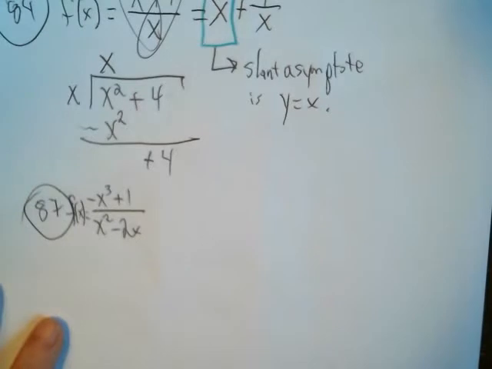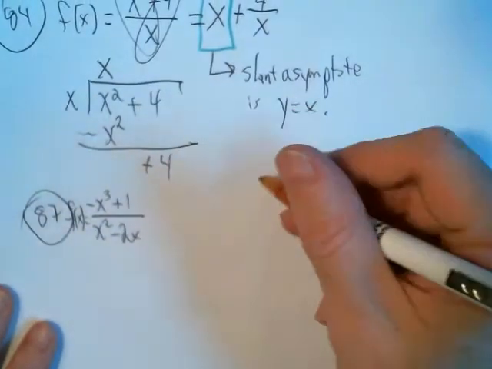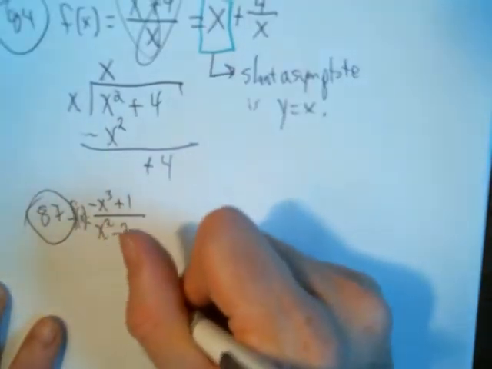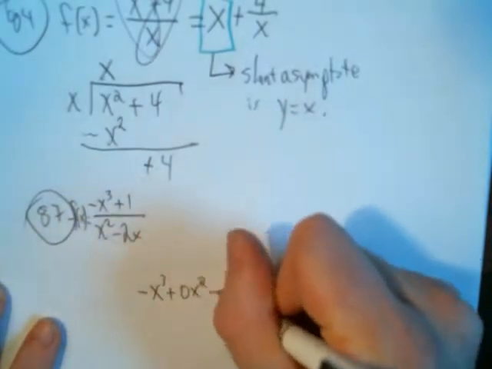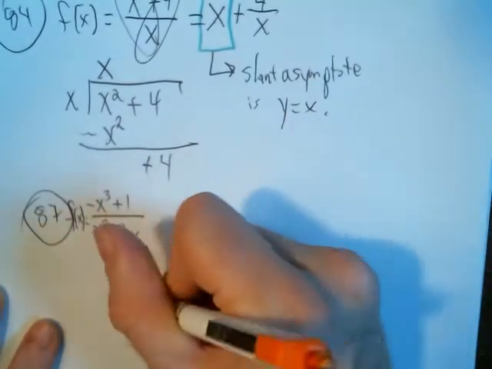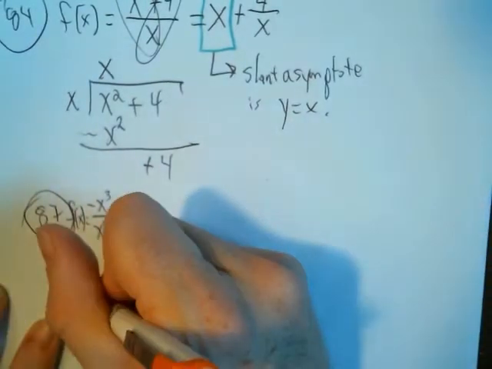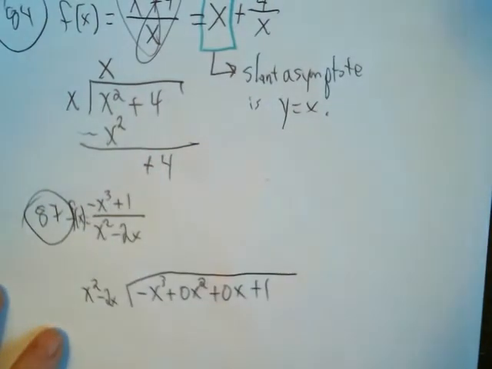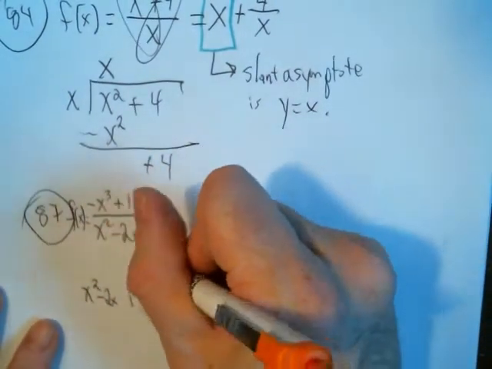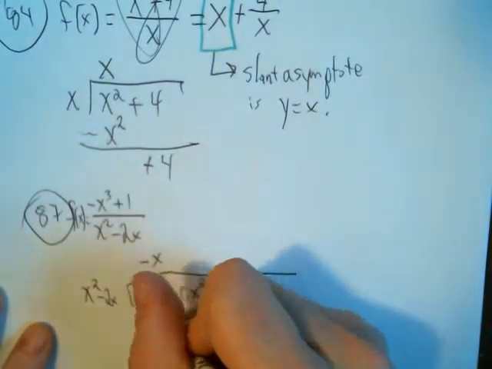And we'll get the slant asymptote first. Okay, so negative x cubed plus 0x squared plus 0x plus 1, and we're dividing by x squared minus 2x plus 0 if you want. So anyways, negative x times x squared is negative x cubed.